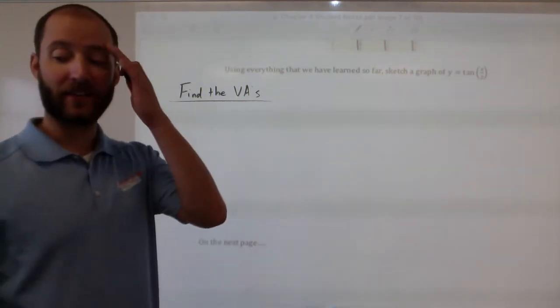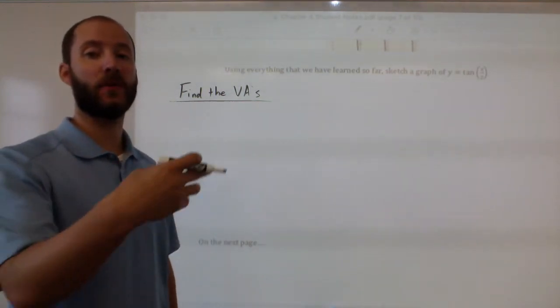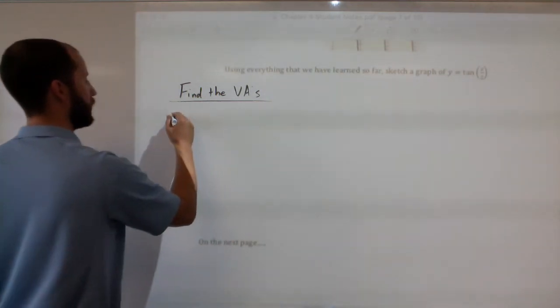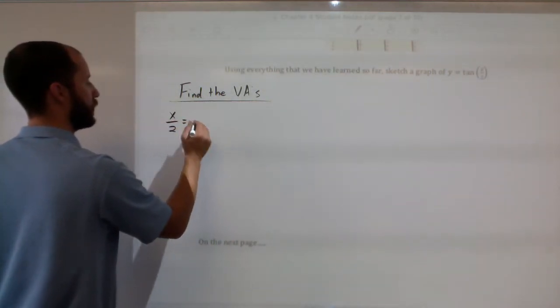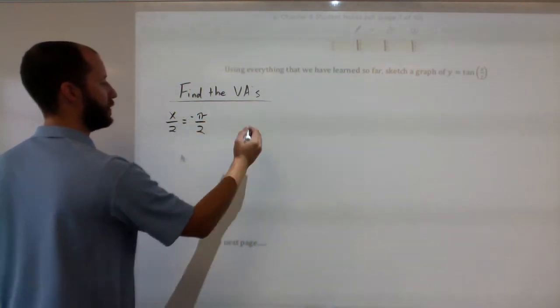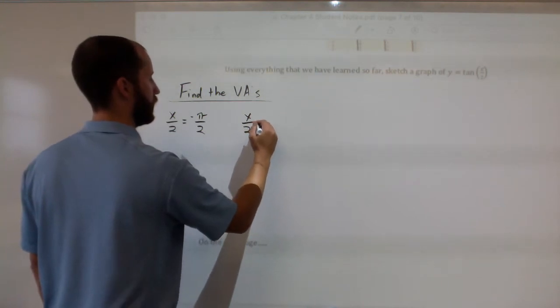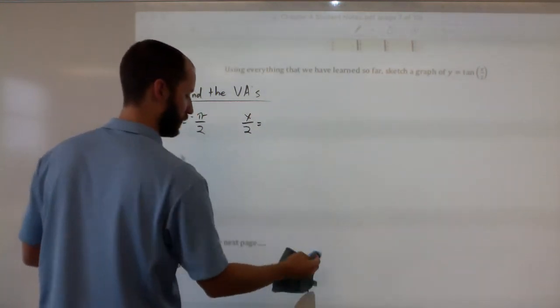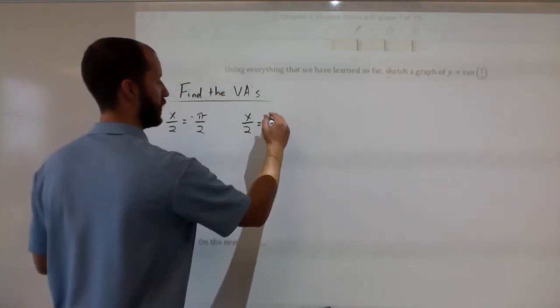Well, our vertical asymptotes should equal x equals pi over 2. So with our transformation here, take what's in there. X over 2 equals, let's look at the negative pi over 2 vertical asymptote. Let's look at the positive pi over 2 asymptote.